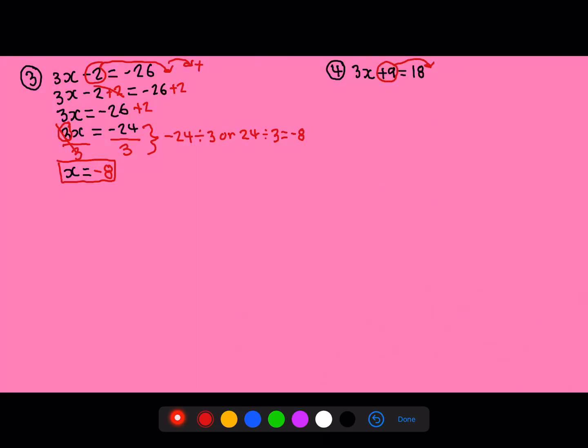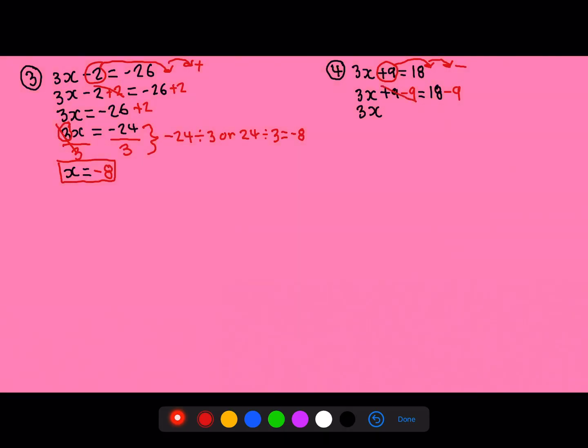So we have to move positive 9 to the other side, and when we do that, it changes signs to a negative or a minus. And now we have to do 3x plus 9 minus 9, so the numbers can cross out and we can get rid of it, so we get equals 18 minus 9.